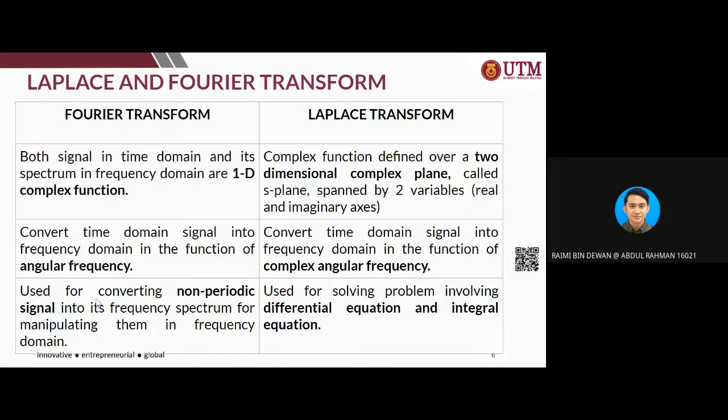Fourier transform is used for converting a non-periodic signal, as you already know from Chapter 3, into its frequency spectrum for manipulating it in the frequency domain. However, Laplace transform is used for solving problems involving differential equations and integral equations.